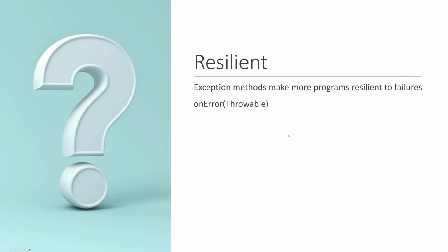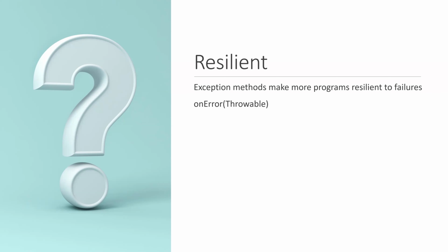What's this one? This one is resiliency, right? Take advantage of the onError throwable when you're programming. If I do have an error in an operator, go ahead and throw that error so that it can be caught, and that will make your subscriber more resilient. I got that error. I know what to do with that error.